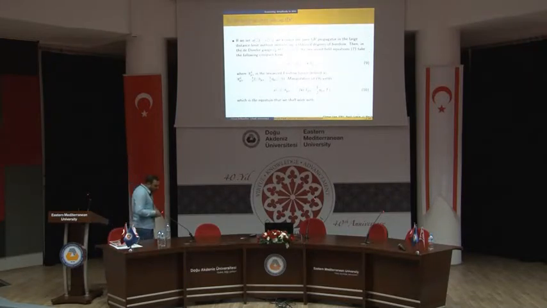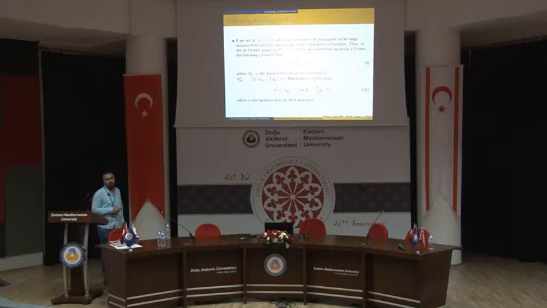In fact, here I have 2 options to have ghost freedom. The first option is you can choose A equal to C. In this case, the theory has only the massless spin 2 degree of freedom, like Einstein's theory. Also, you can choose A not equal to C. In this case, the theory has extra massless spin 0 gravitons, in addition to massless spin 2 gravitons.